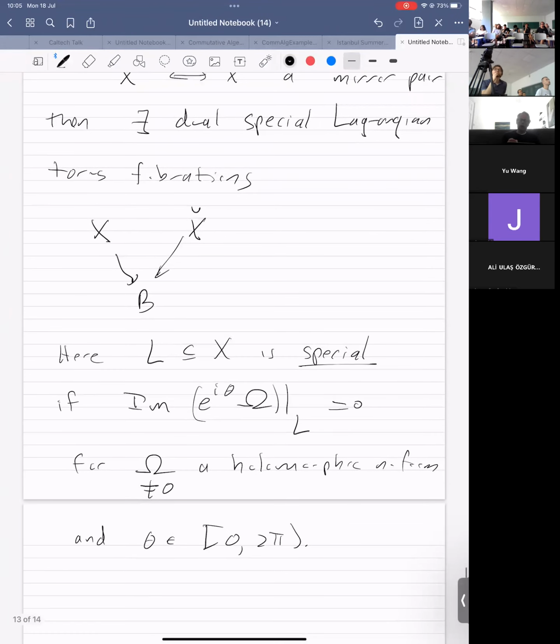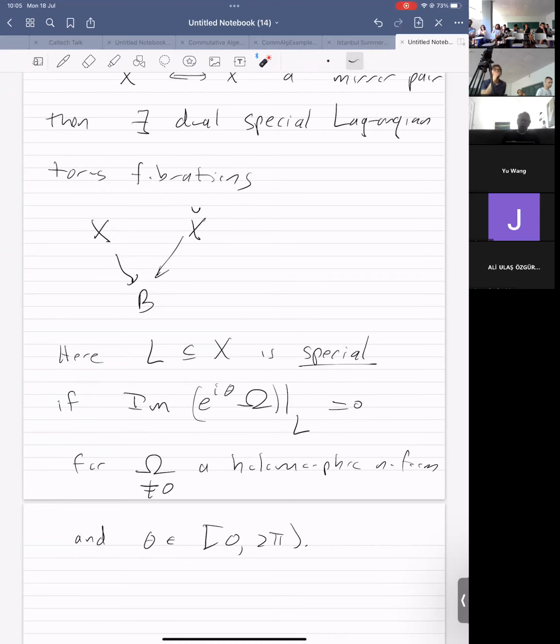Okay, so I already told you what Lagrangian meant. So special is an additional condition having to do with the complex structure, because you think of the holomorphic n-form as determining, in fact, it does determine the complex structure on X.